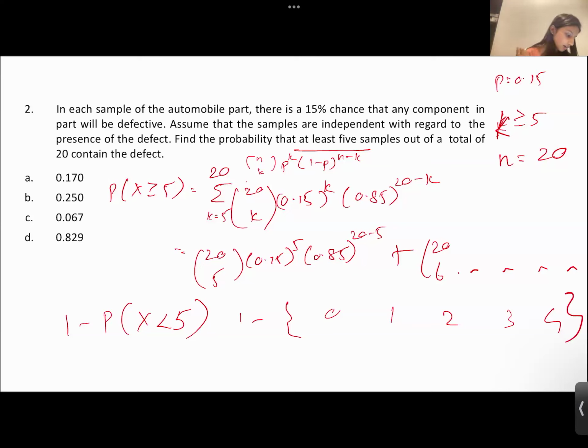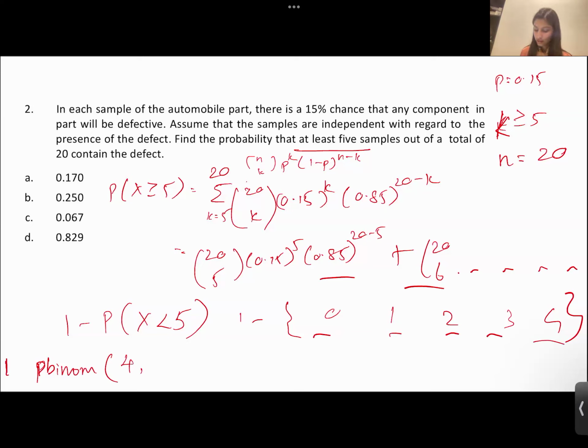So with R, now how can you do this? You use pbinom. Here it's a CDF, because you do a summation here. So in case of a CDF, you use pbinom. And here your K is 4, because here 0, 1, 2, 3, 4.